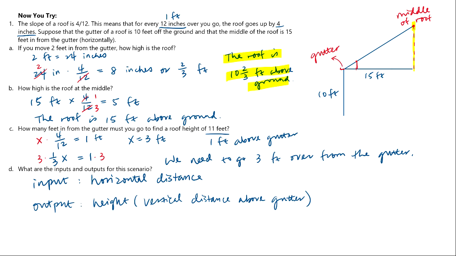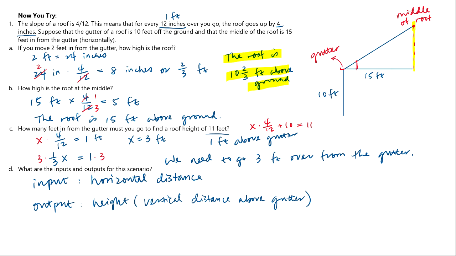Then when you're setting up the equation, you'll need to add 10 in order for it to be equal to 11. So the alternative setup would be x times 4 over 12 plus the 10 feet is equal to 11. That would give you an equivalent equation to what we did over here. But with what I did, the vertical distance is above the gutter.